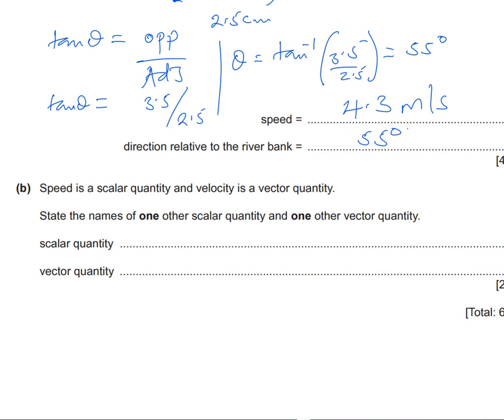Speed is a scalar quantity and velocity is a vector quantity. State the name of one other scalar quantity and one other vector quantity. So of course, when you talk about scalar quantities, they're the ones with only magnitude or only size but no direction. Examples, we have mass.